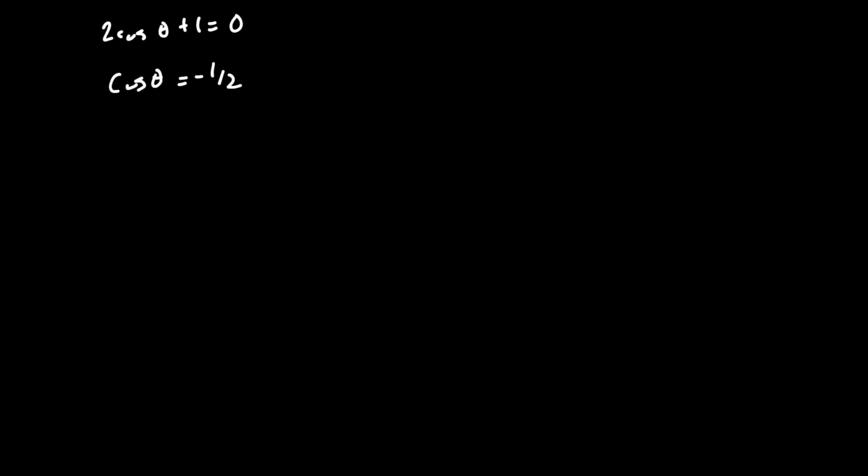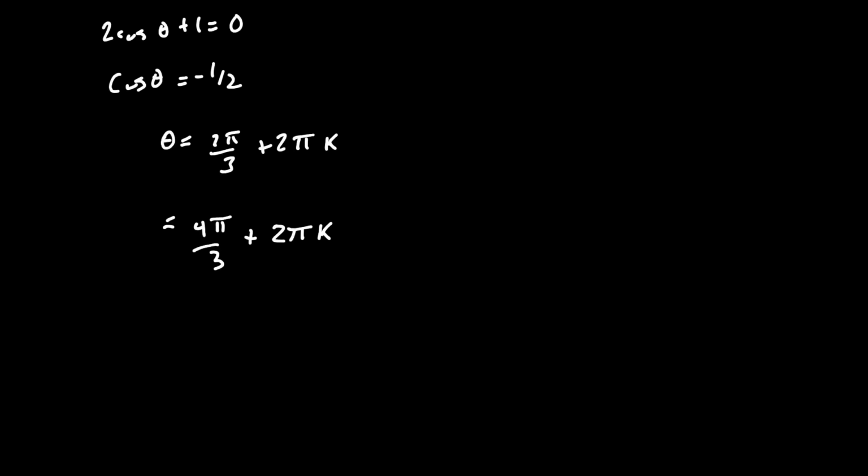And we saw in the previous problem that we had general solutions: theta is equal to 2 pi divided by 3 plus 2 pi times k. And we also had another solution of 4 pi divided by 3 plus 2 pi times k. And remember, we're only looking for theta values between 0 and 2 pi, but not including 2 pi.